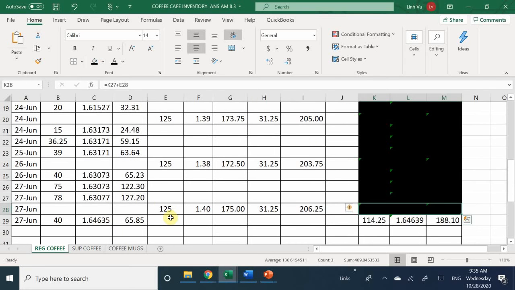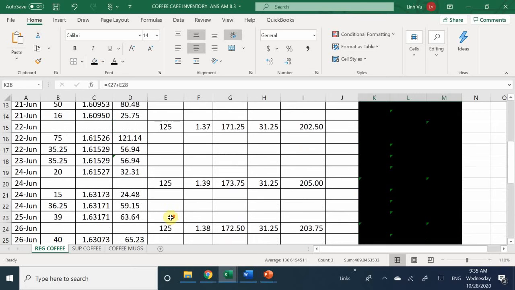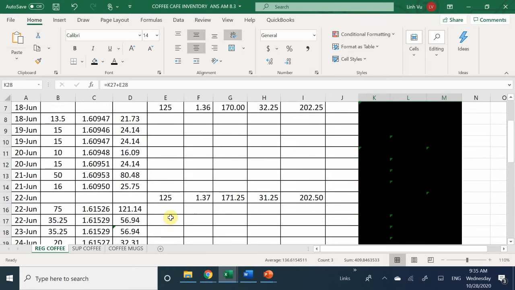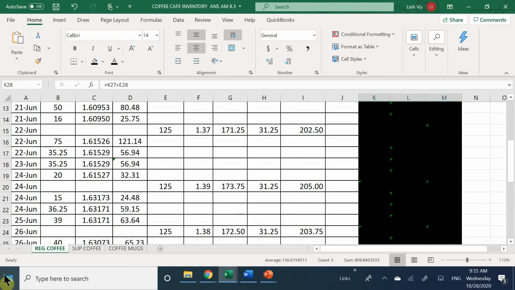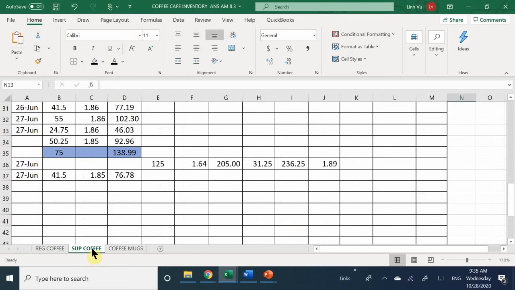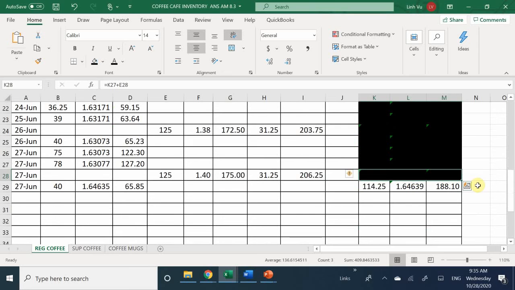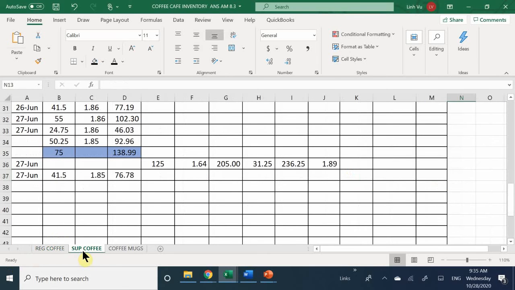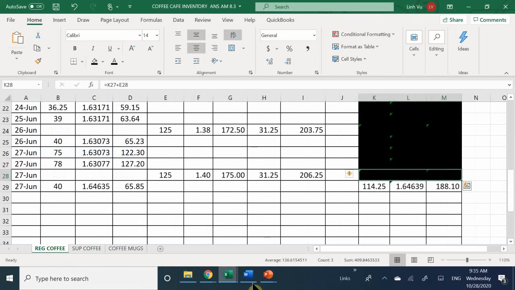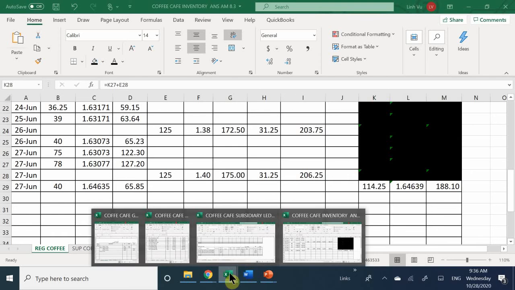I want to say it was one of those split pennies that we had to deal with. I believe it was probably the entry that was 138.99, because I had put 139 when I was trying to do it on my own, so I was off by the 1 cent. I believe that's where it is. All right. But I'll fix it. I'll find it.